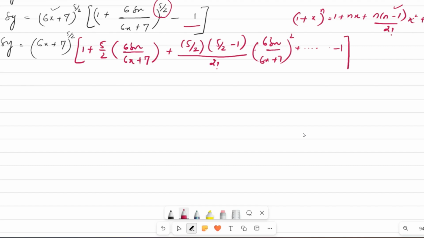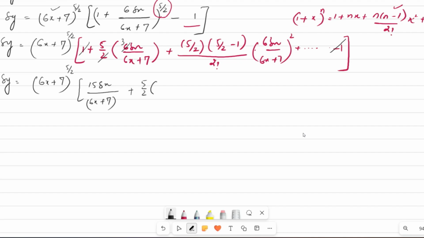This plus 1 and minus 1 are cancelled. So delta y is equal to (6x plus 7) whole raised to the power 5 upon 2 times: 5 by 2 into 6, which is 15, delta x upon 6x plus 7, plus 5 by 2 into, this would be 3 upon 2, divided by 2 factorial, and here it would be 36 delta x square upon (6x plus 7) whole square, plus so on.